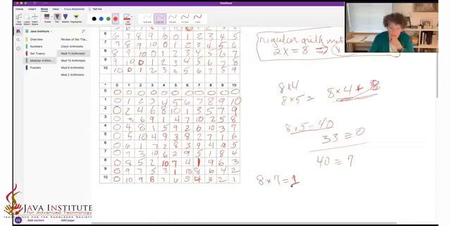Now here, let's suppose I had 8 times x. I don't want to put times x, that's confusing. So what if I just have 8x equals 4 mod 11.